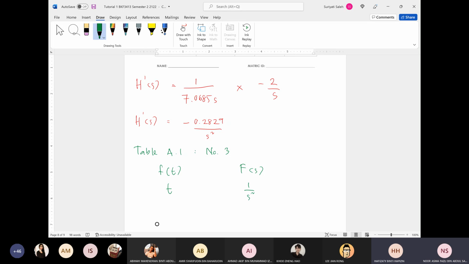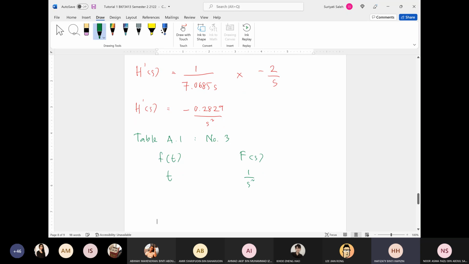According to this, if I have the Laplace transform of 1 over S square, then the time domain will become t, small letter t, where the t here refers to the time.